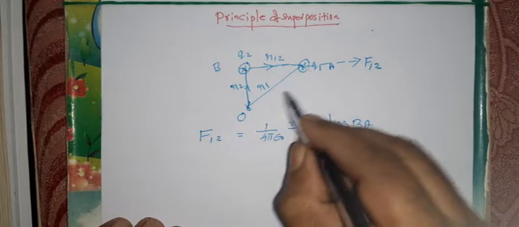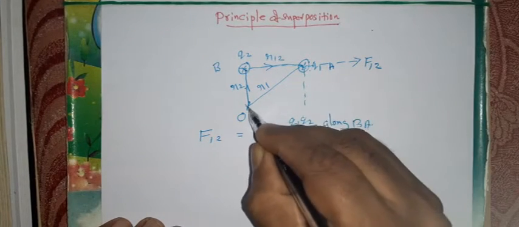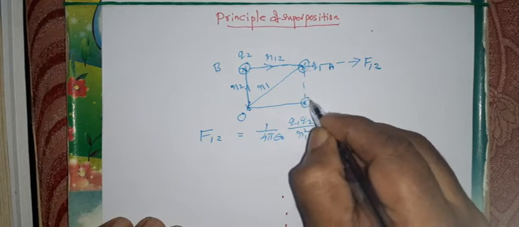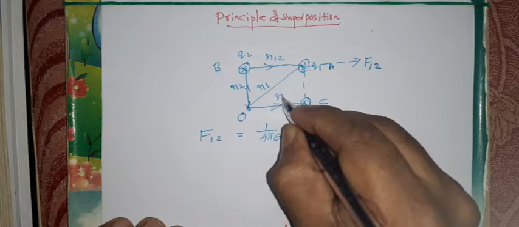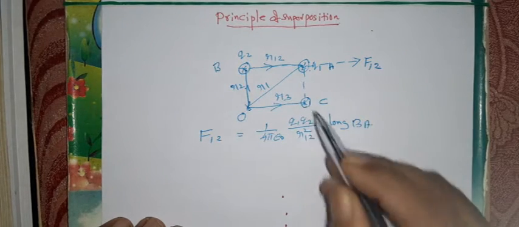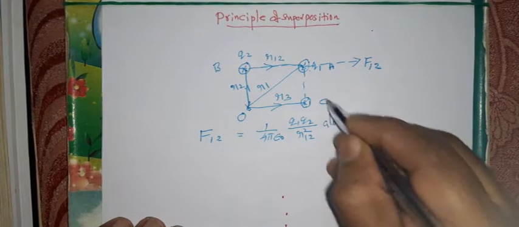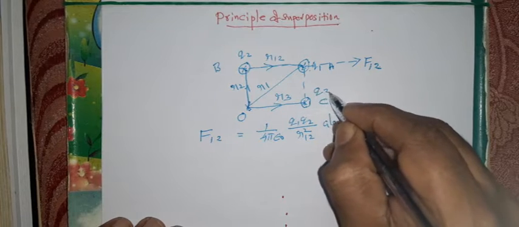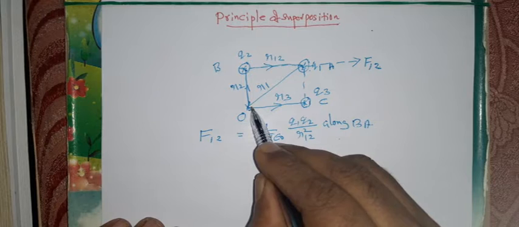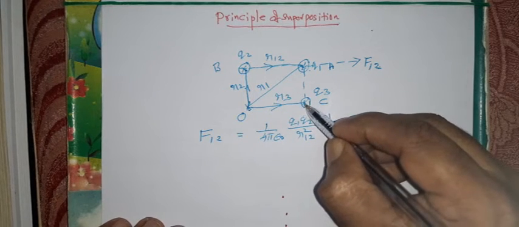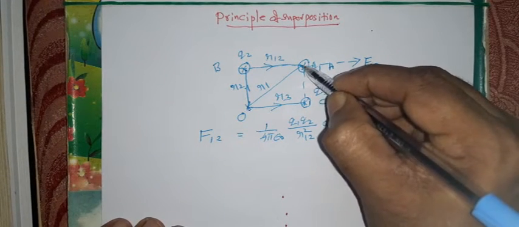Then you can place another charge Q3 at C at a distance R3 from the origin. We know this Q3 will exert a force on Q1.